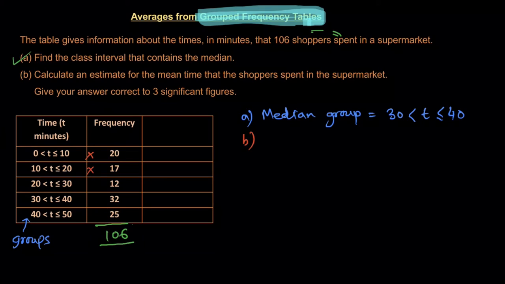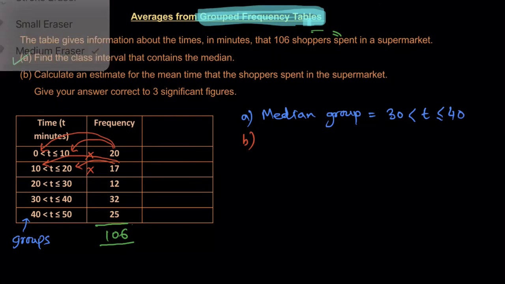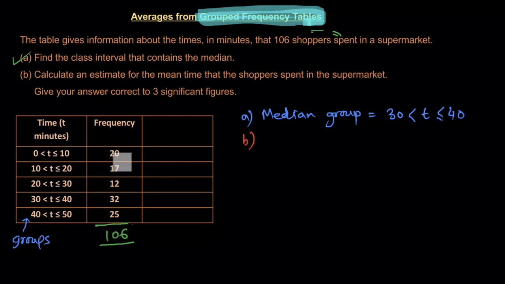But the problem is, I'm not sure if I multiply 20 by 10 or 20 by 0, 17 with 20 or 17 with 10. To avoid that confusion, we will first find the midpoints, the mid values. So I can work out the midpoint of these groups and write them over here.